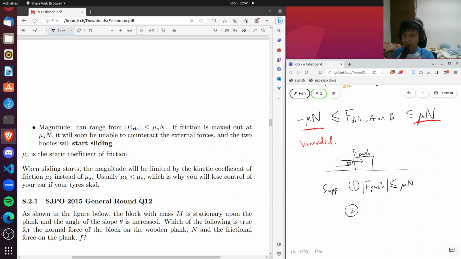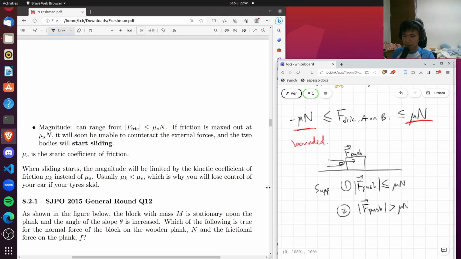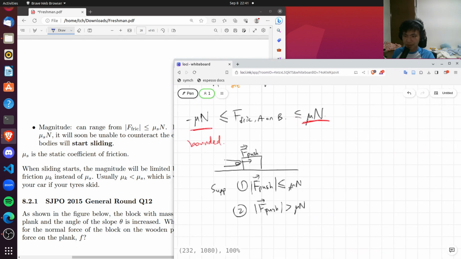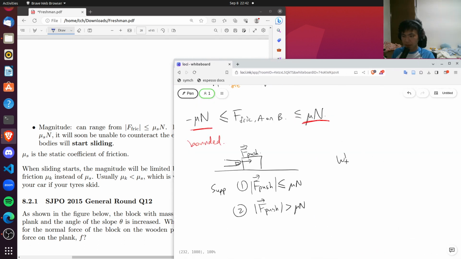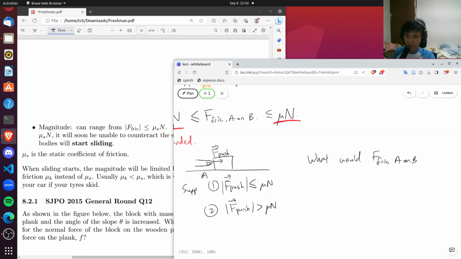And the second scenario is that the magnitude of F push, remember, F push is a vector, is greater than mu n. Okay, so in these two scenarios, question, what would the frictional force of the table on the object be?